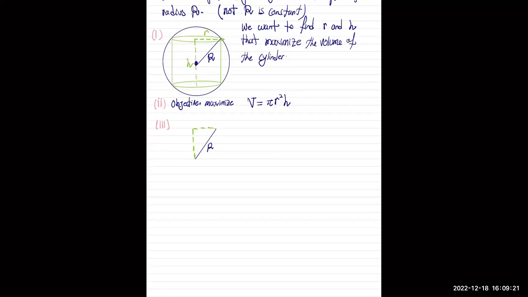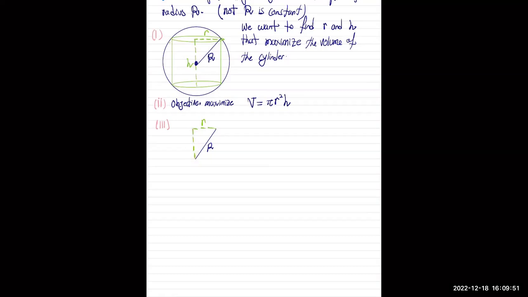Capital R, little r. All right, now we need to know the length of this side of the triangle.